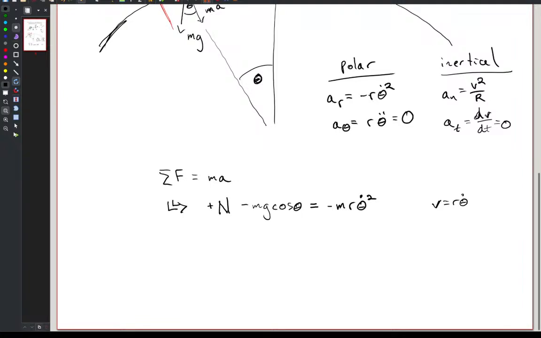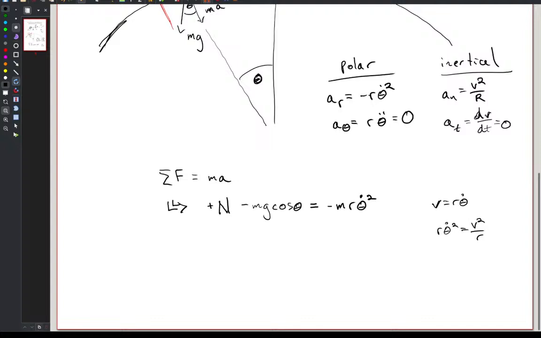So if we're looking for speed, speed is R theta dot. We have R theta dot squared. So R theta dot squared is V squared over R. Why do we want speed? Well, we're looking for how fast we need to go over the hill. So we can report it in terms of theta dot, but it'll be kind of weird.